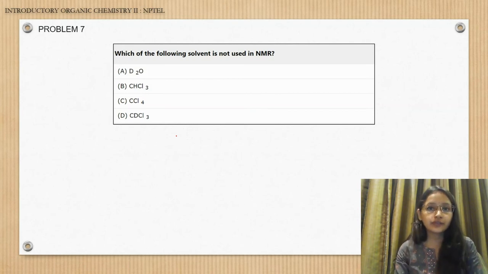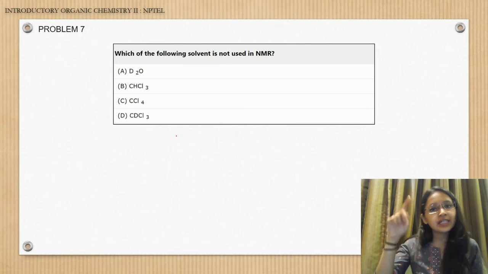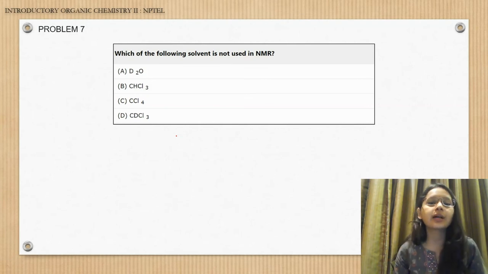If you are using a protonated solvent, how can you expect the compound signals to be high and the solvent signal low? When preparing a sample, you use a minimum amount of compound and a high amount of solvent. If the solvent itself contributes peaks, how will the NMR record the small peaks your compound gives? You will get a very sharp signal for the solvent if you use a protonated solvent for preparing the NMR sample. Is it clear?